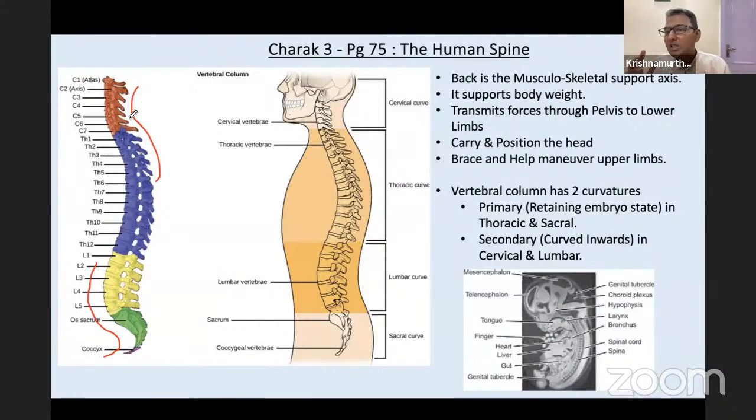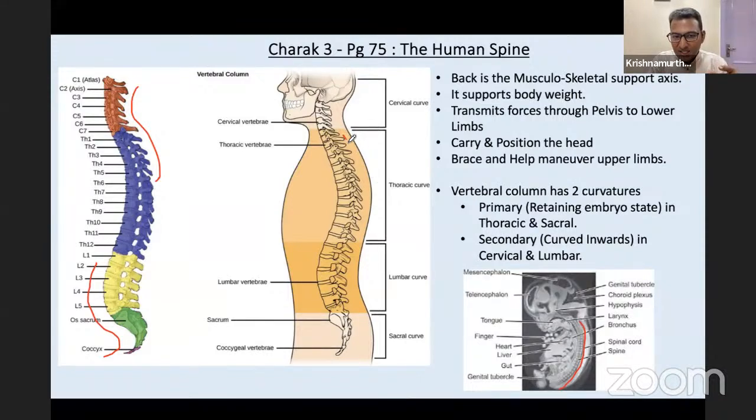So if somebody asks what is double S, in two places there is S-like curvature. And when the fetus is in the womb, the spine is like this, one single curvature. But as the fetus grows and the child grows, this additional curvature will be added.